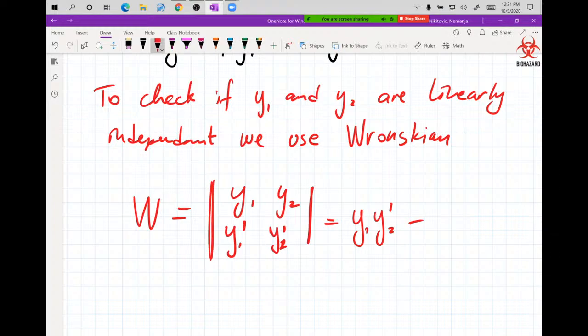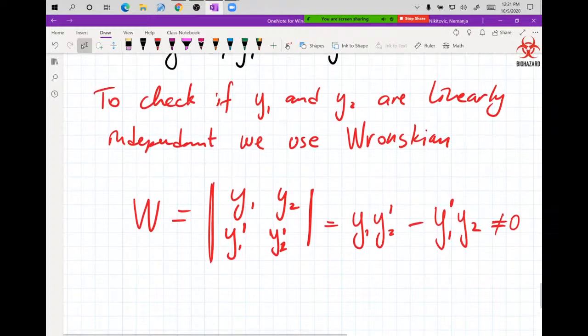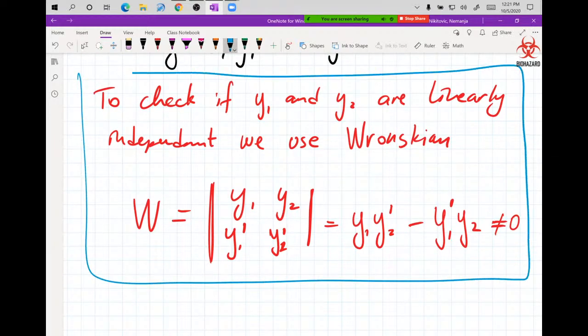And we need this to be different than 0. Okay, so this is what you are remembering, right? So that's your theorem. To check if y1 and y2 are linearly independent, we use the Wronskian.